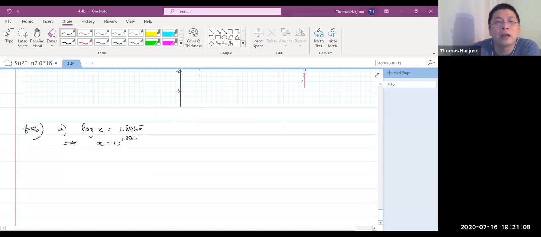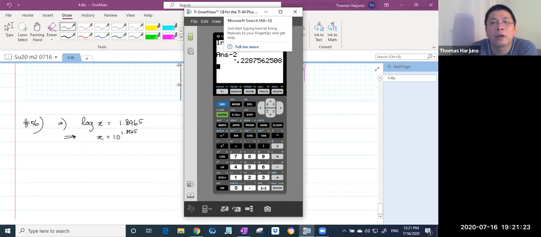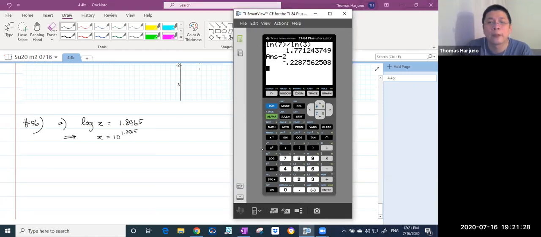It's base 10, and we happen to have base 10 on our calculator. So what I will do is press second, 10 to the 1.8965.